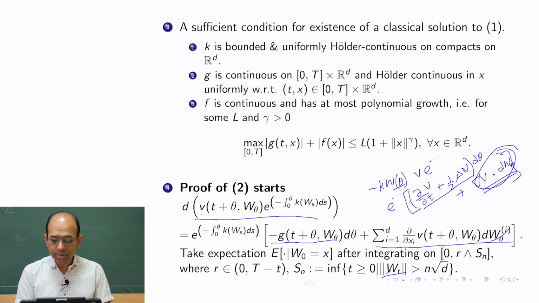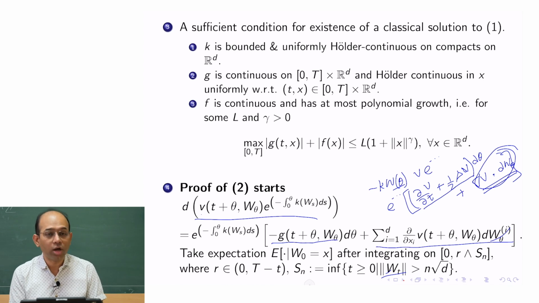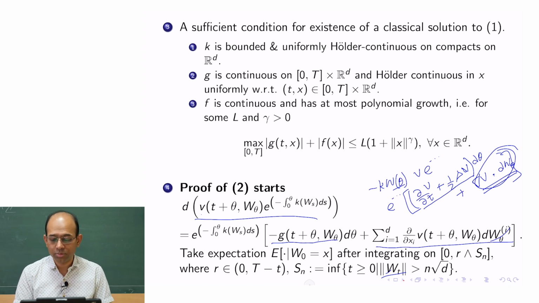Here what is happening is that since I am integrating only till time Sn, the Brownian motion is bounded. So v of t plus theta, w theta, that function is bounded, because the variable w theta is bounded by a ball. The v function, which is continuous, is now restricted to a compact set, so it is a bounded function.